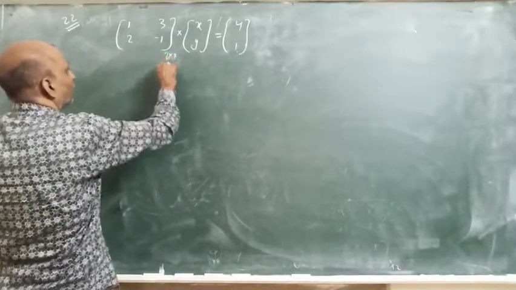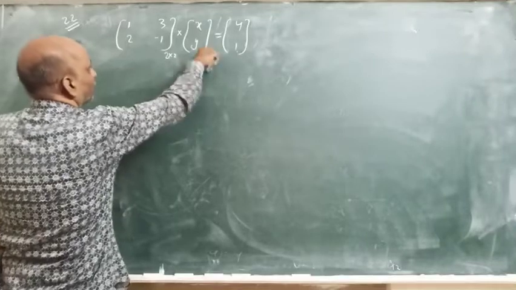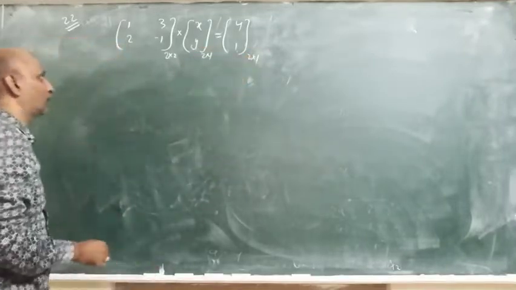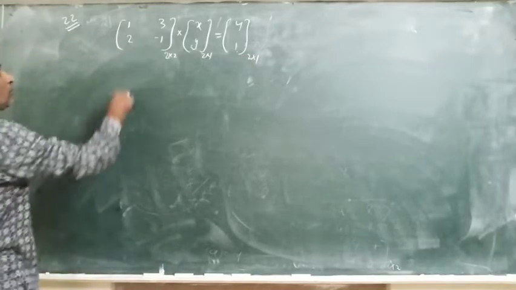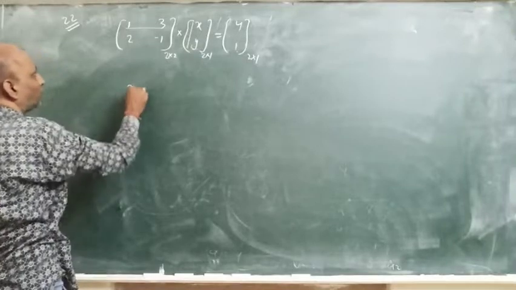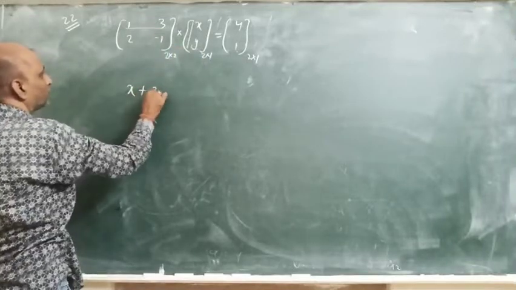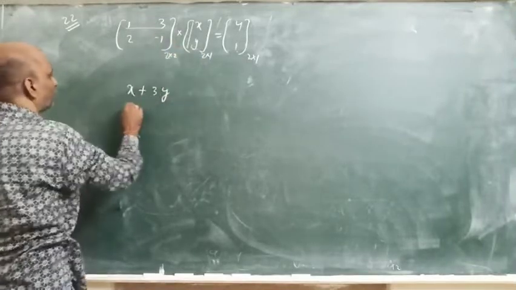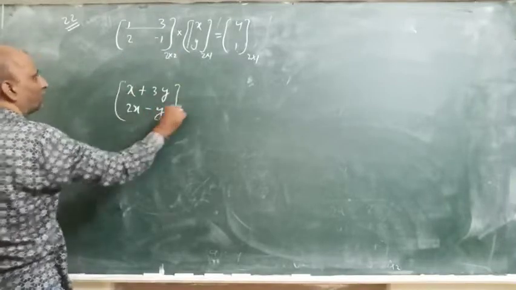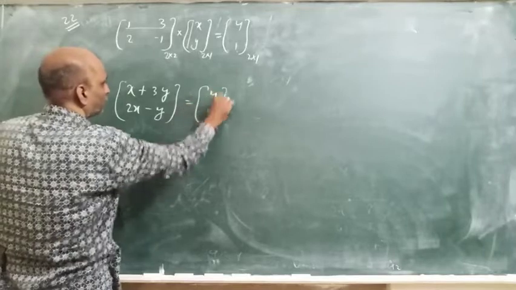It is a second order, 2 by 1, 2 by 1. Now multiply with this one: 1 into x plus 3y, 2 into x, 2x minus y is equal to [4; 1].